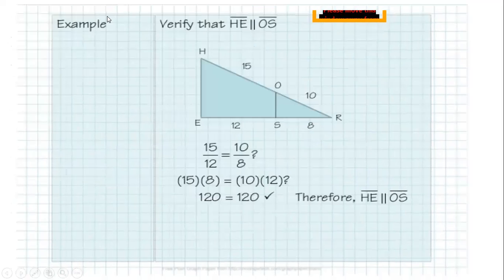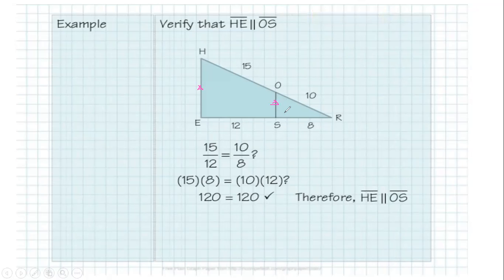If you look at another example, in this case we have the line HE, or EH, parallel to the line SO, or OS. So these two are parallel, which means the sides HR and ER are divided proportionally.